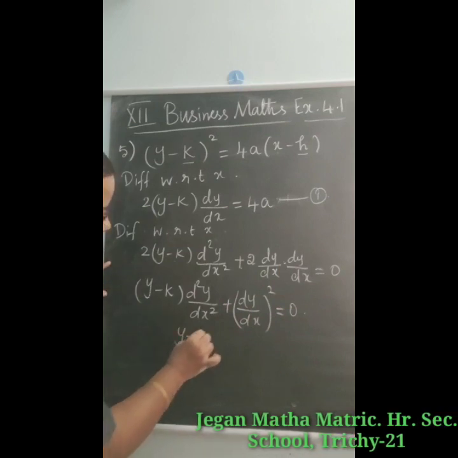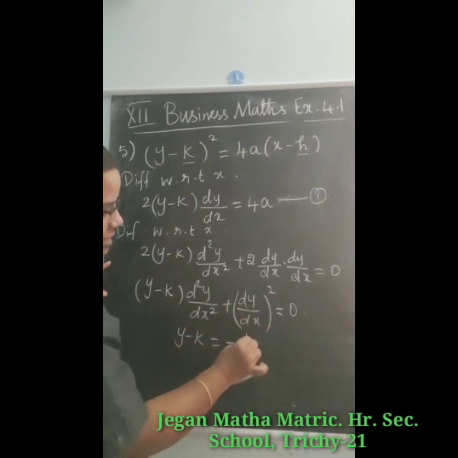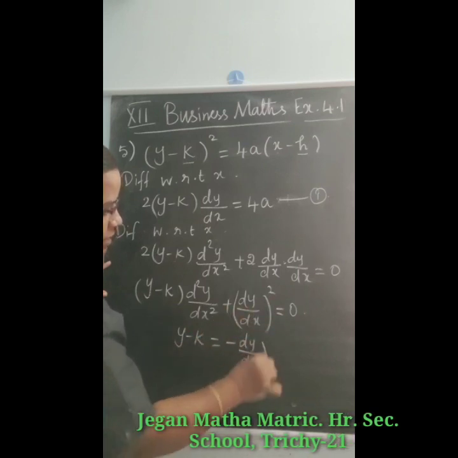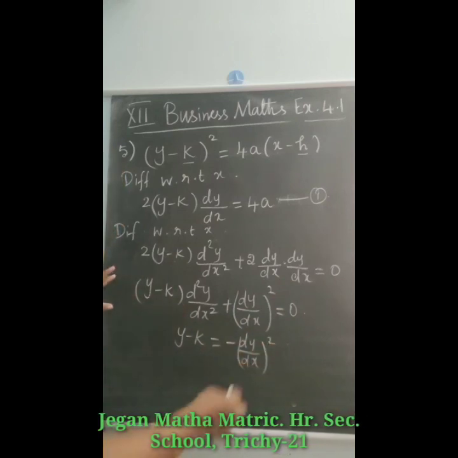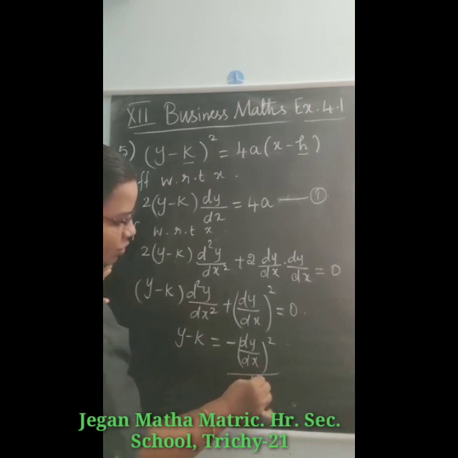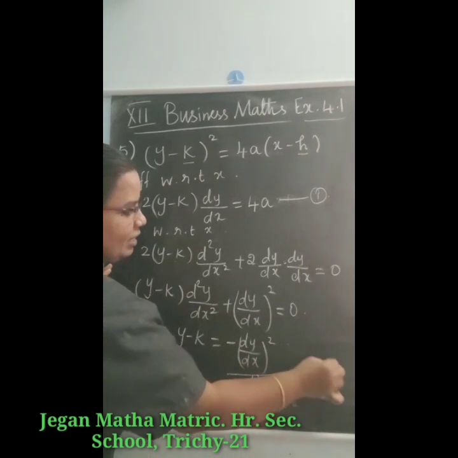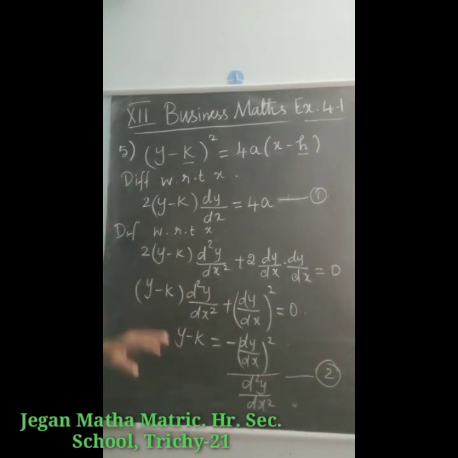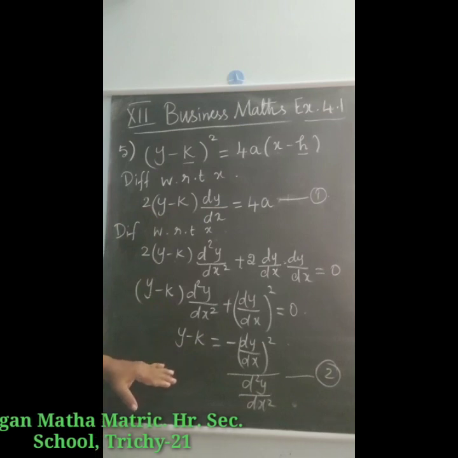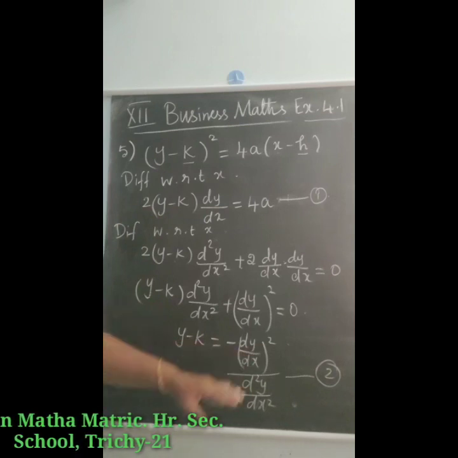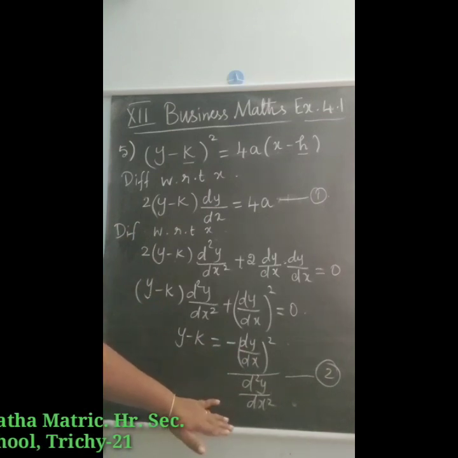This plus goes to that side, we will get y minus k is equal to minus dy by dx the whole square, and this is in multiplication, so it goes into division, divided by d squared y by dx squared. This is the second equation. Now this is the first equation and this is the second equation.